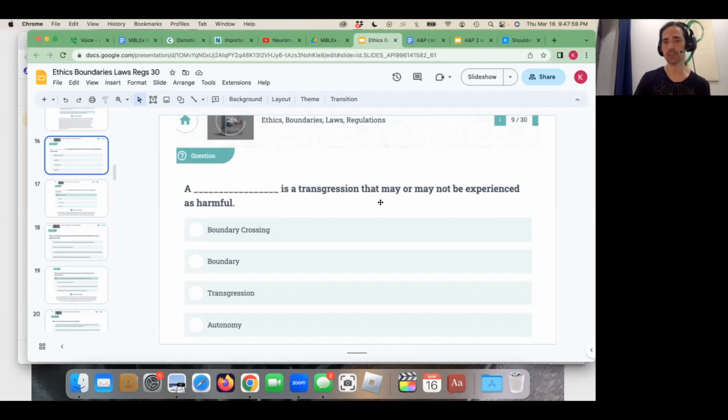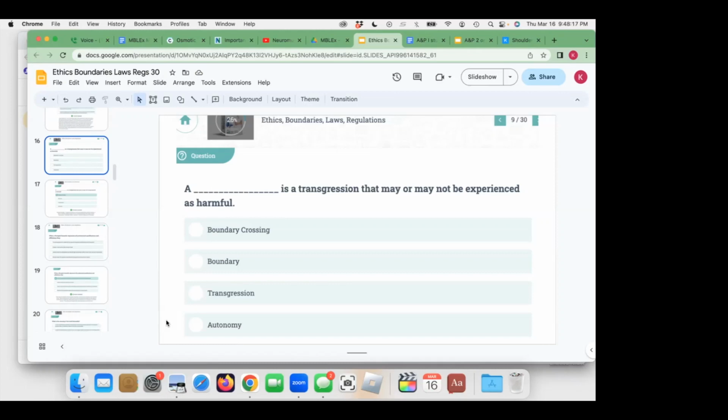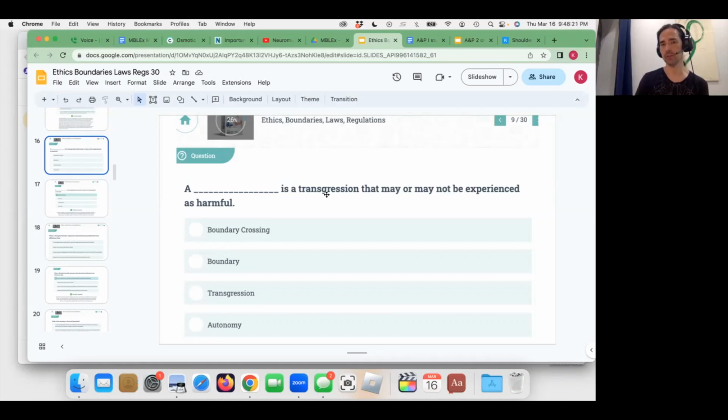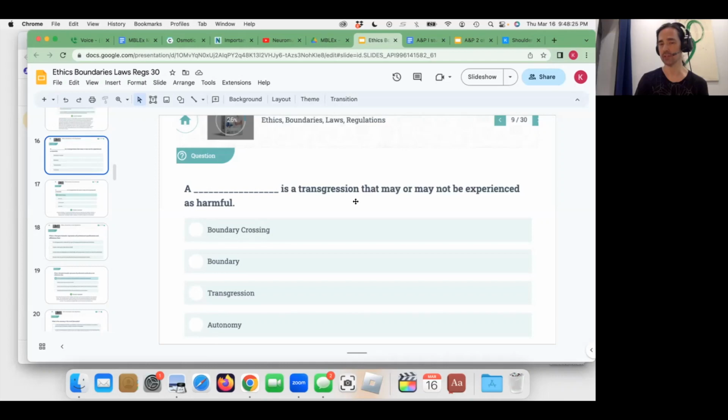Blank is a transgression that may or may not be experienced as harmful. Boundary crossing, a boundary, transgression, or autonomy. Which one? Boundary. Okay, is boundary a transgression? Or is boundary a protective circle that prevents transgressions?